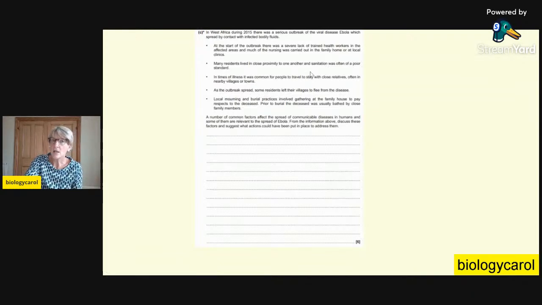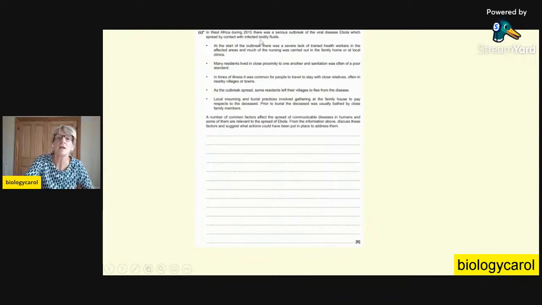This certainly felt to me like the hardest question on the paper, because I wasn't sure quite what was required in terms of discuss, but as soon as you see the word discuss, think terminology of communicable diseases. Talk about pathogens, talk about infection, talk about how things are spread.